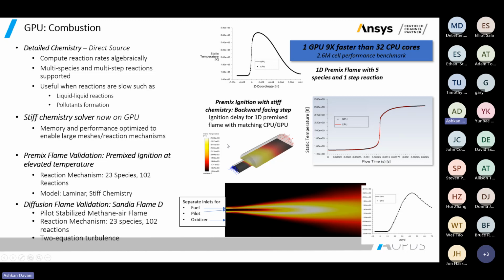For example, for one GPU, a case with around 2.5 million cells was around 10 times faster than 32 CPU cores.